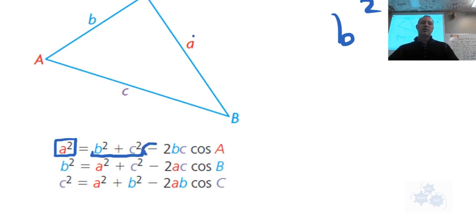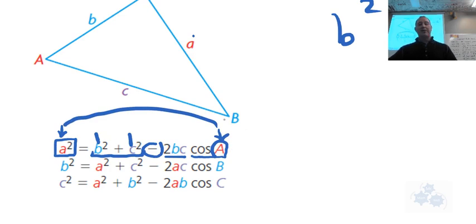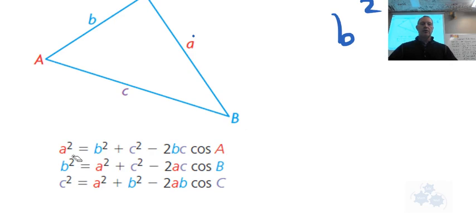We notice that this is always minus. This right here is always 2 times this value and this value. And it's multiplied by cosine of the angle that is opposite the side that's on this side. You see how those are related? So the pattern is always the same. Let's do that once more. The second version, B squared equals the other two sides, A squared plus C squared.